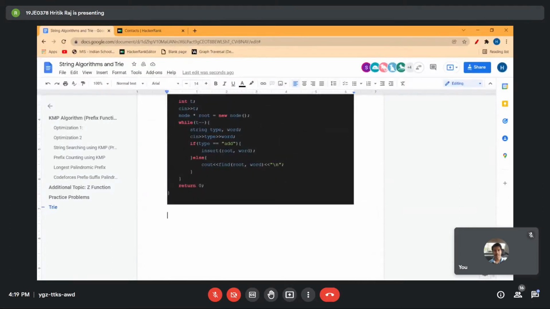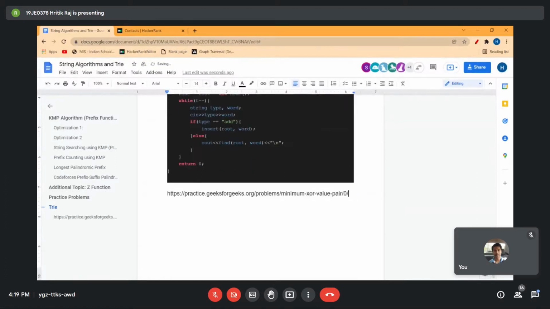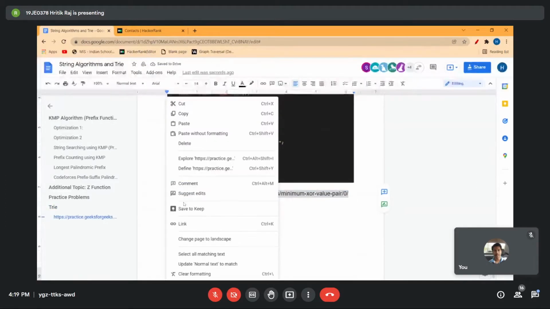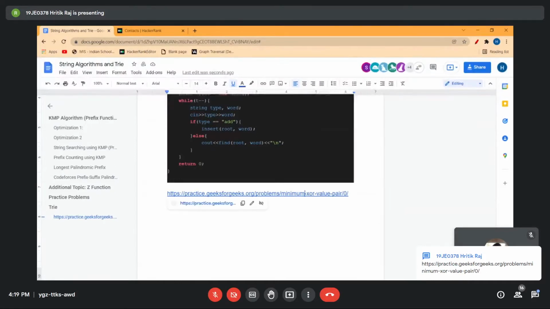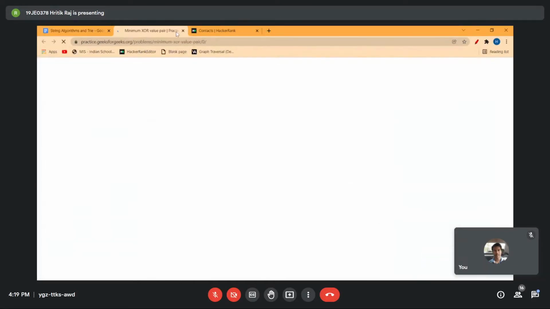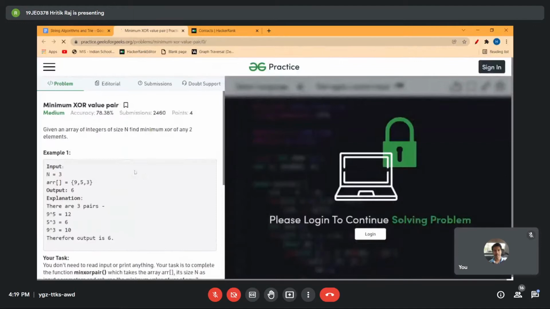Another type of question is, let me ask you this question. So in this question, you are given an array of integers of size n, and you have to find the minimum XOR of any two elements.